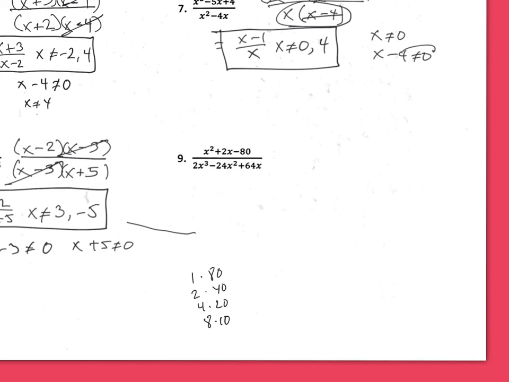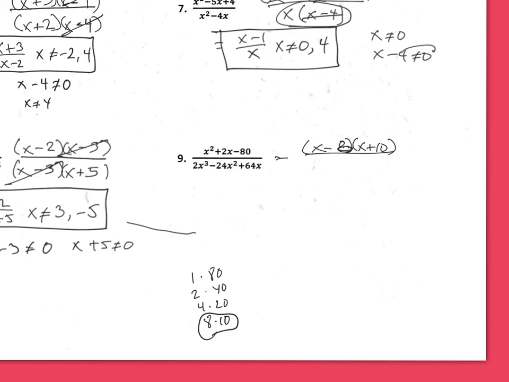I feel like 5 might go into it, but I don't think we need that, because to get to the 2, 8 and 10 will work. So we know that works. So x, and we know we have to use 8 and 10, and we want the 10 to be positive and the 8 to be negative, so we get positive 2.